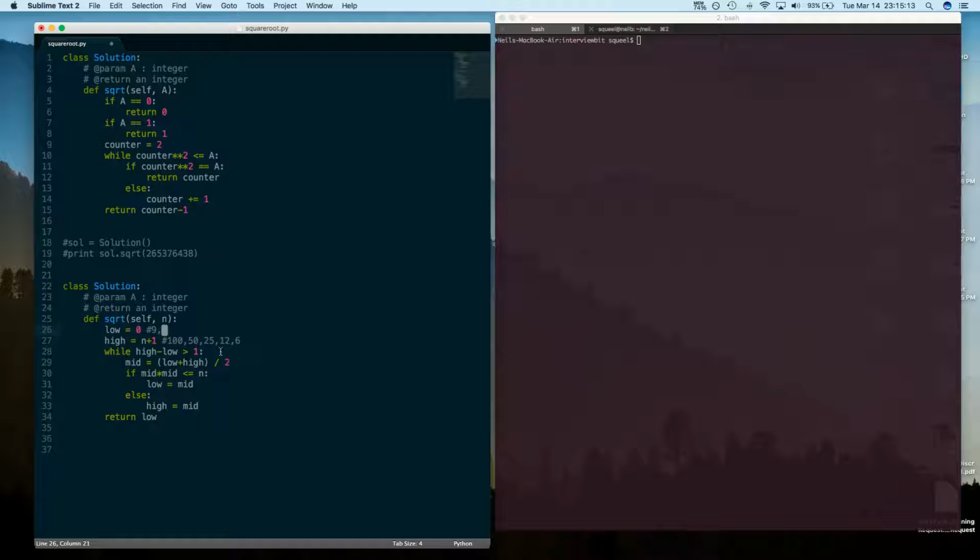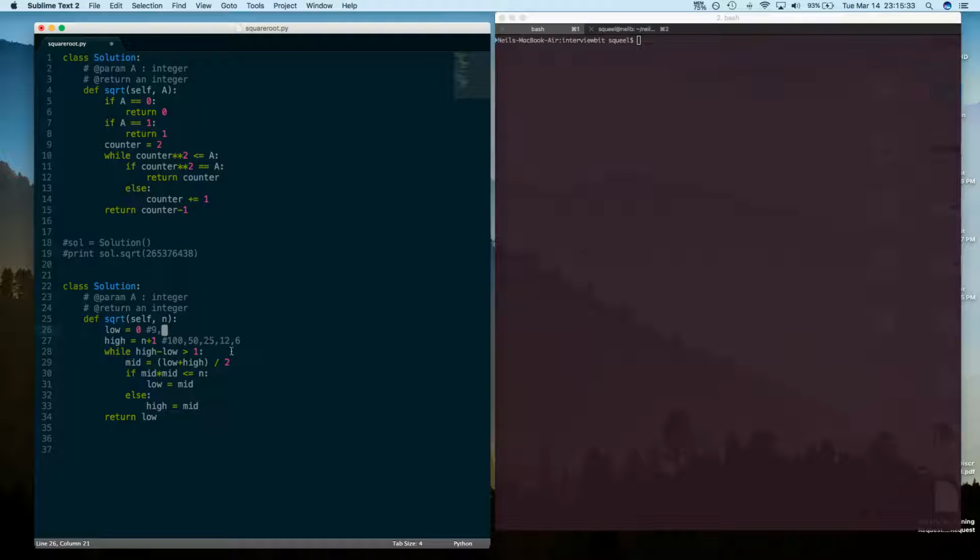So you get the 12. 12 squared is greater than, so it'd be 6. So then you get 6 divided by 2, which is 3.